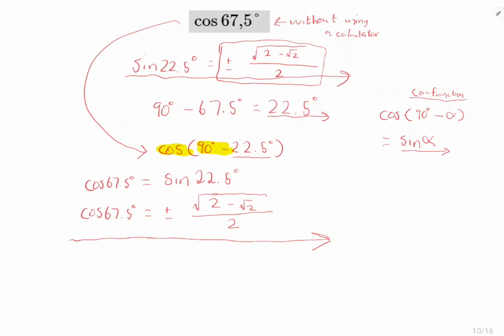So even if you didn't know about cofunctions, you could have used a compound angle formula to expand this out. And actually, no, that wasn't going to work. But yes, in this case, you actually needed to know your cofunctions, right? So always realize these types of tricks.